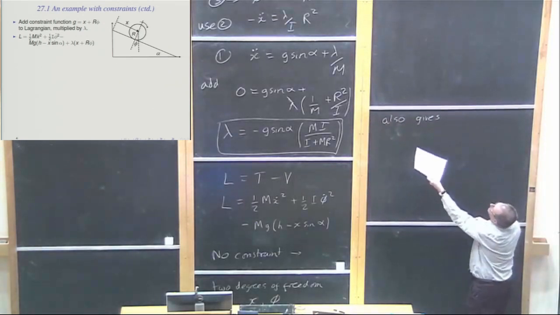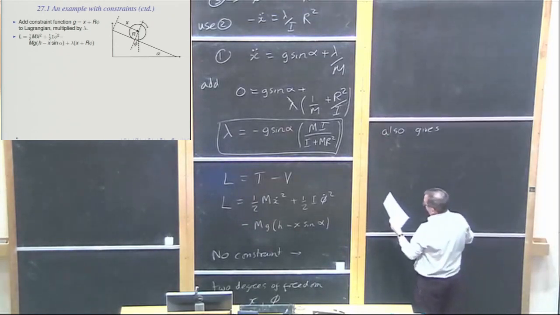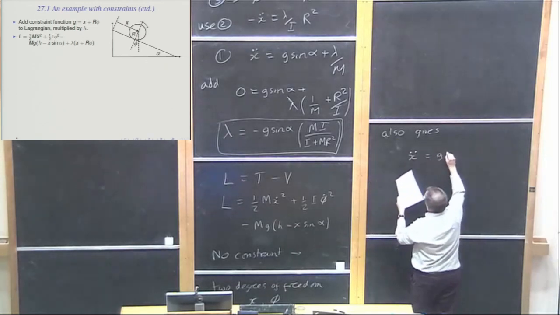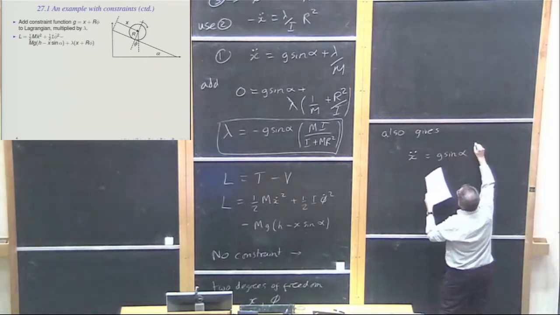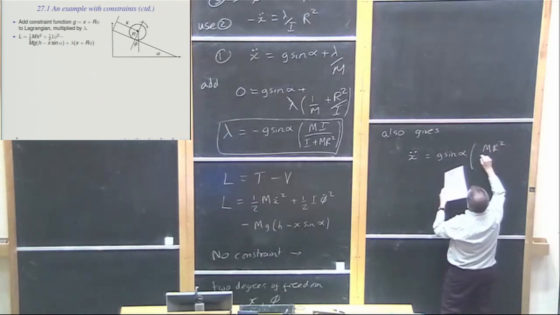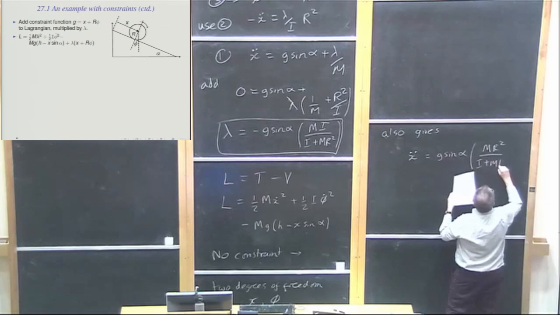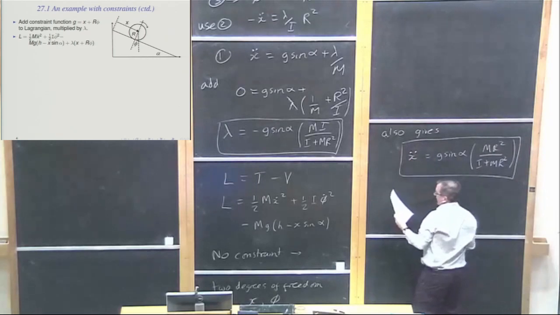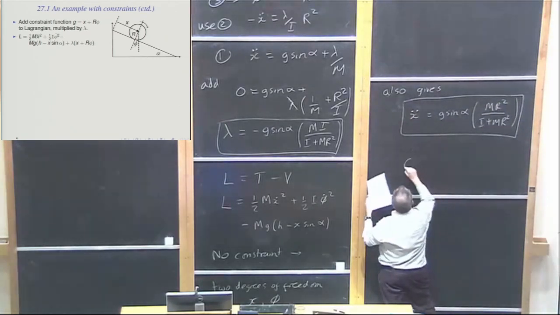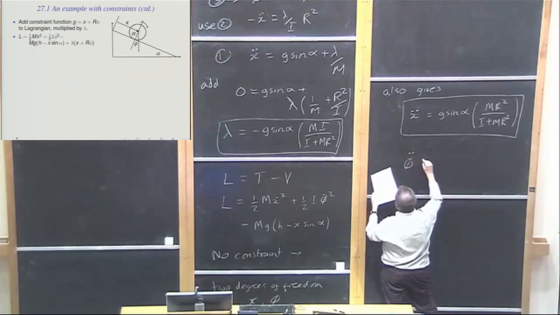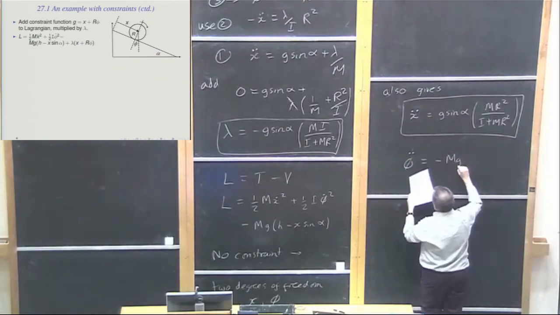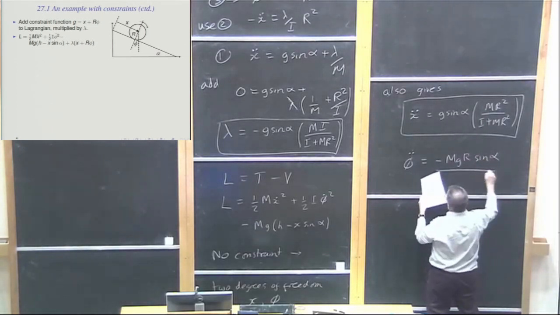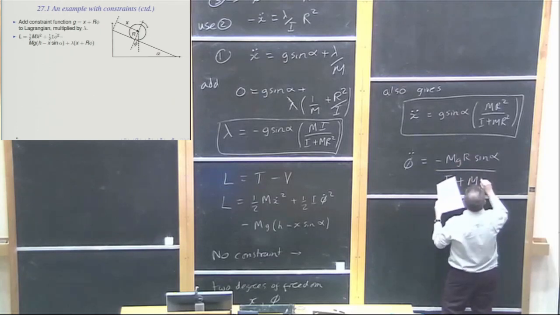If we put that into the equation for x double dot, we find that x double dot is equal to g sine alpha mr squared over I plus mr squared. So this is the equation of motion for x, and for phi we get phi double dot is equal to minus mg r sine alpha over I plus mr squared.